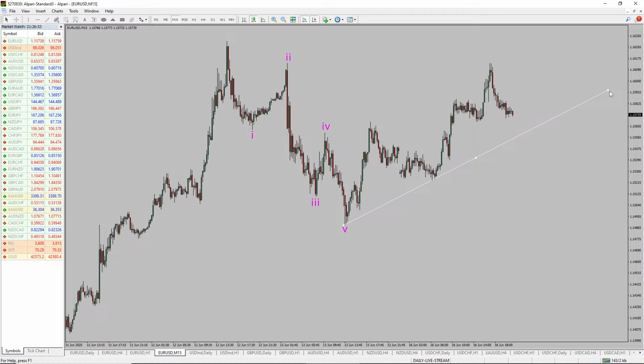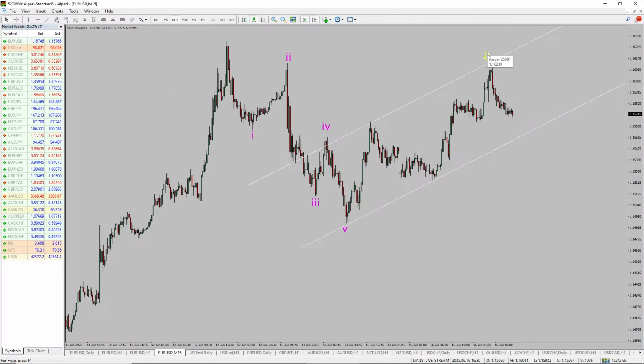Okay, so let's draw this trend channel, this is the lower trend channel line. Then we got this upper trend channel line. So right over here, you see it's almost touched this upper trend line right up here.